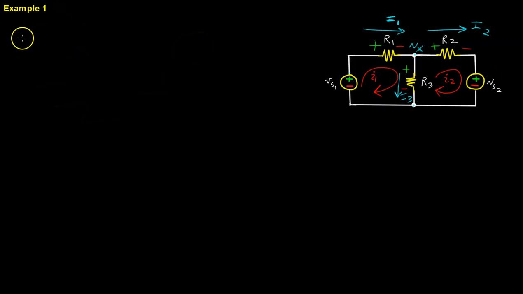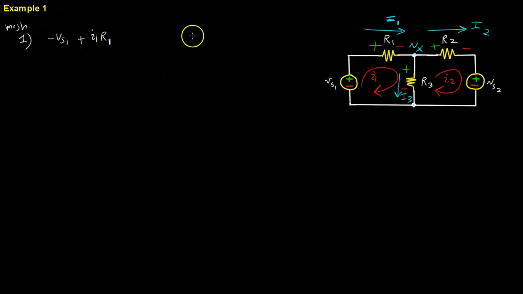Let me go ahead and write this. For the first equation I'm going to look at mesh 1. So for mesh 1 we have minus VS1. I'm going to see a plus sign, so the positive polarity is going to be I1 times R1. So I1 R1, that's the voltage drop across R1.